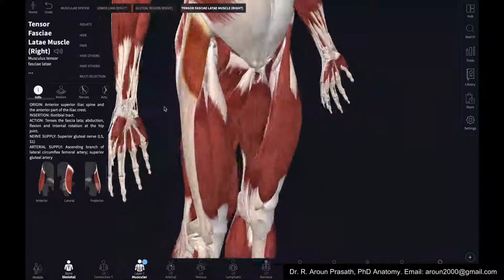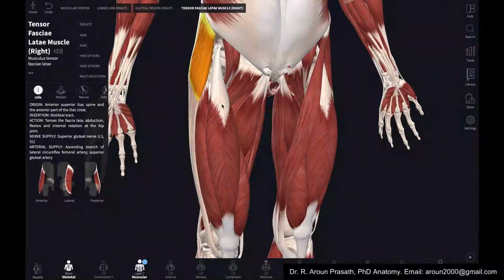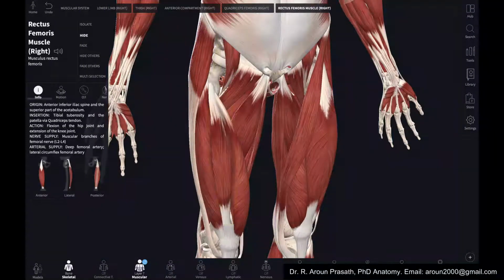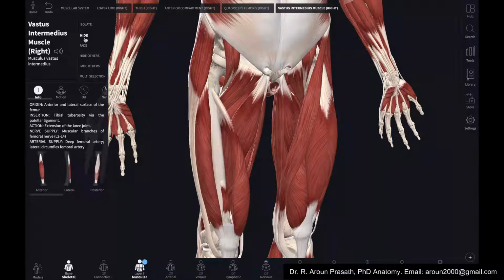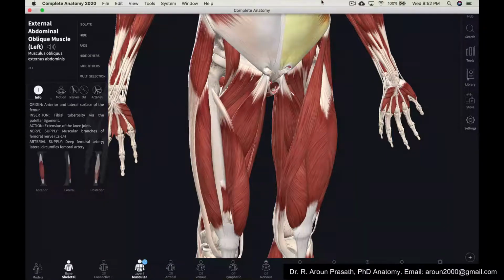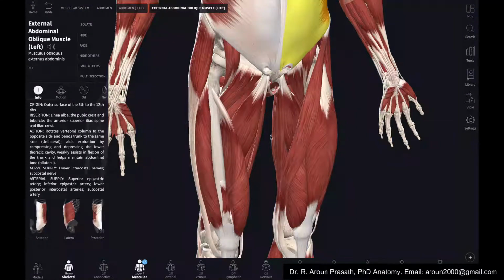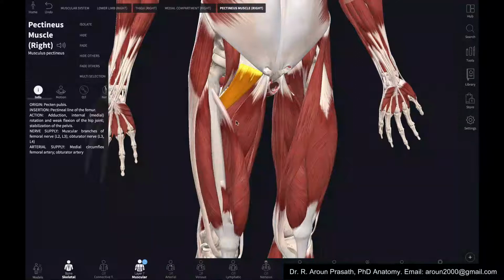So if you watch here carefully, the medial rotation is done by the small muscles that are present here. For example, the gluteus maximus, gluteus medius and the tensor fascia lata. Okay, so this is the pectineus muscle.